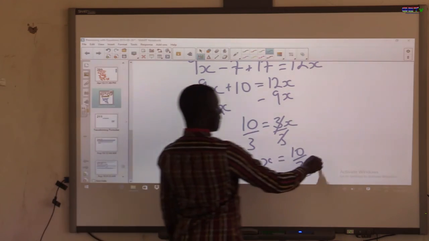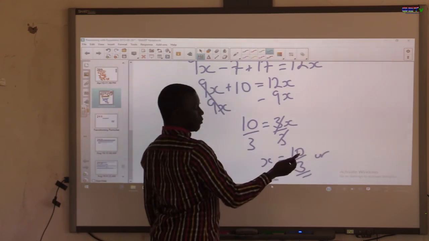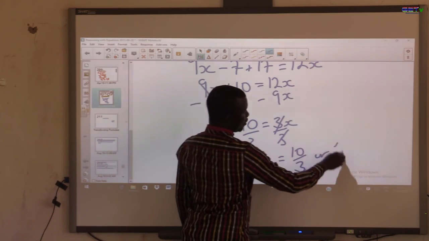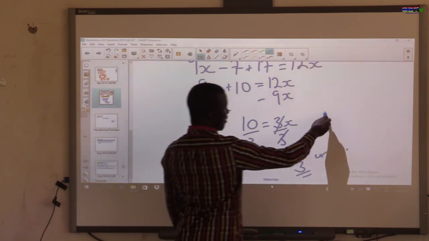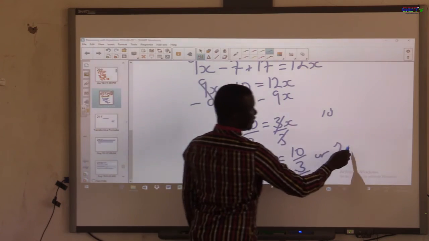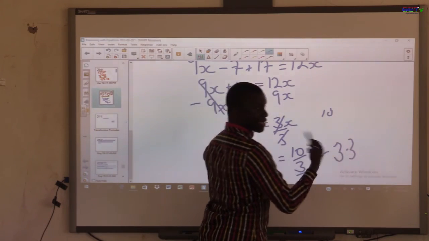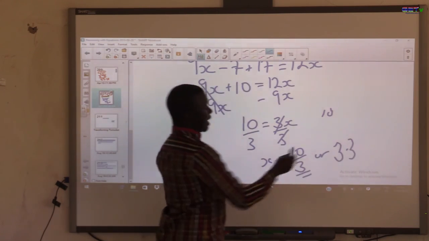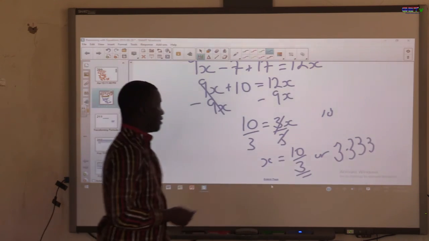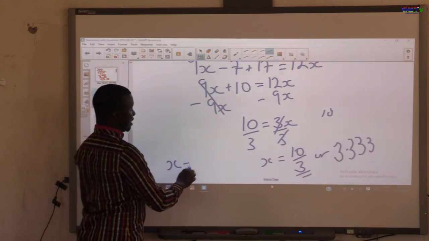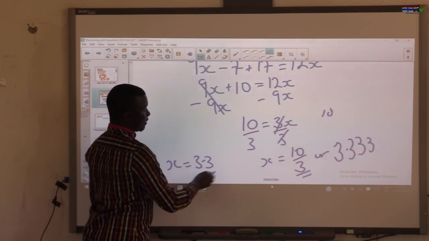Or we can put this in decimals, as 3 goes into 10 3 times. We have a remainder of 1. Adding 0 will still give us 3. And we realize that this 3 will be repeating as a recurring decimal, so 3.333. So therefore, our value of x is 3.3.